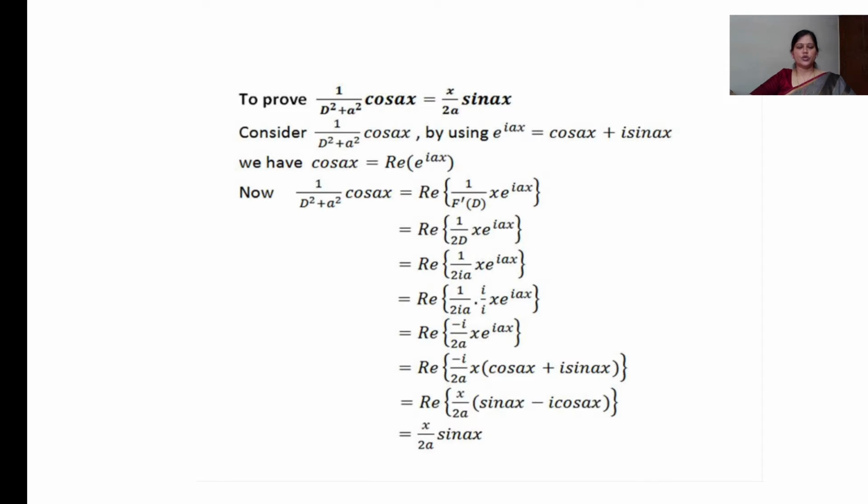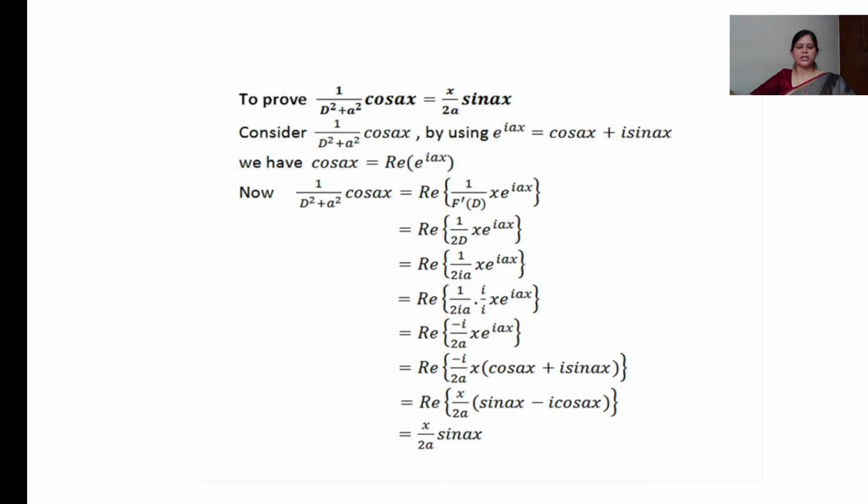Here if we substitute D square equal to minus a square, we get 0 in the denominator. That's why we are multiplying by x in the numerator and differentiating f of D, and we get f dash of D, which we write in the denominator.